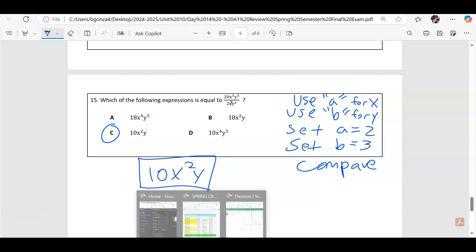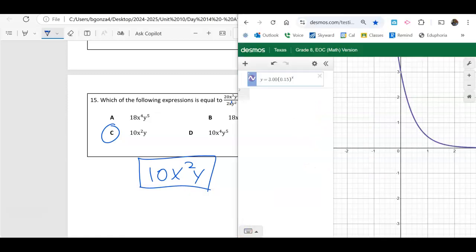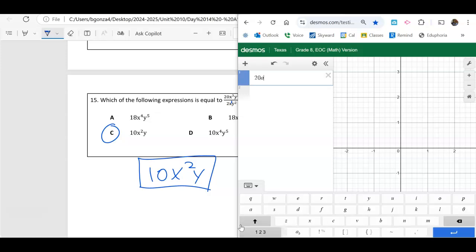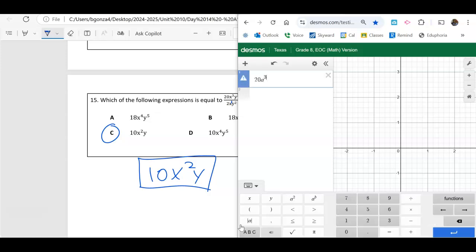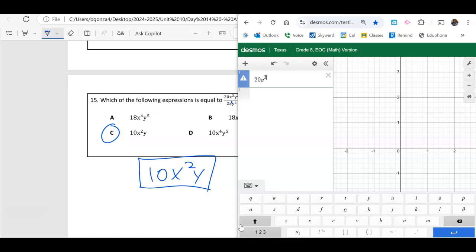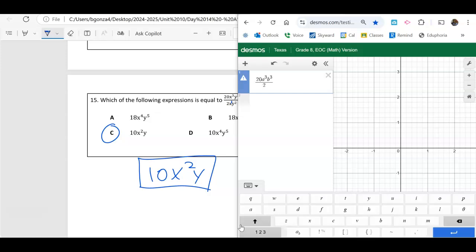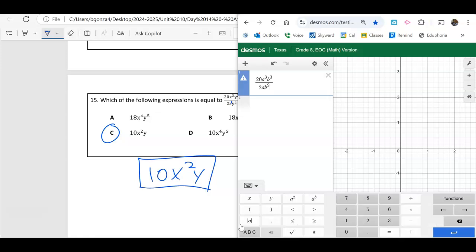20x cubed, y cubed, so 20a cubed b cubed, all over 2xy squared, 2ab squared.